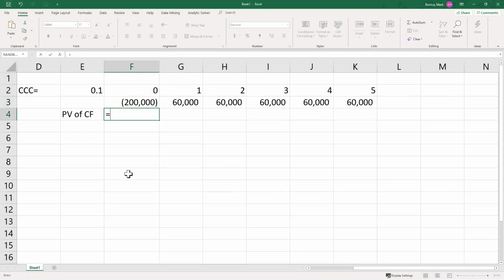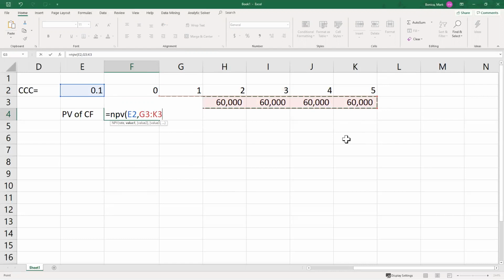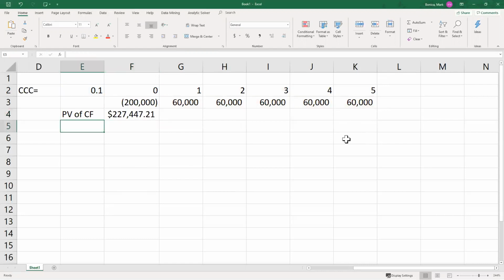We can use the NPV function. We're going to rely on the rate, 10%, and then the series of future cash flows. And we got the PV of the future cash flows is 227.